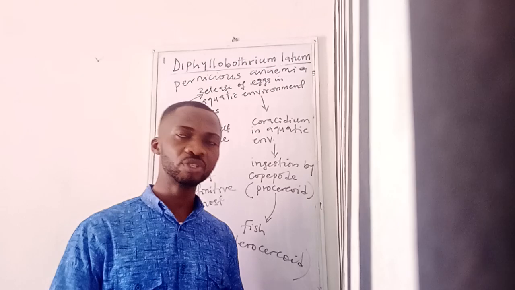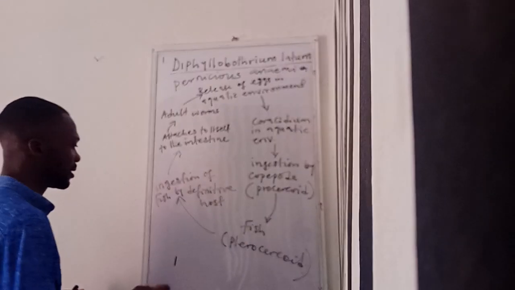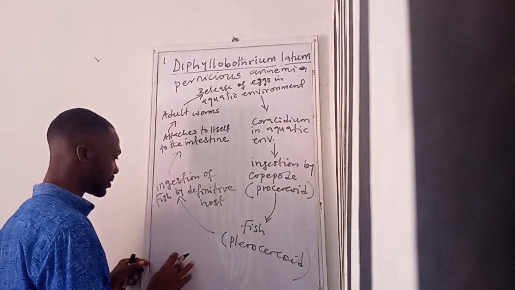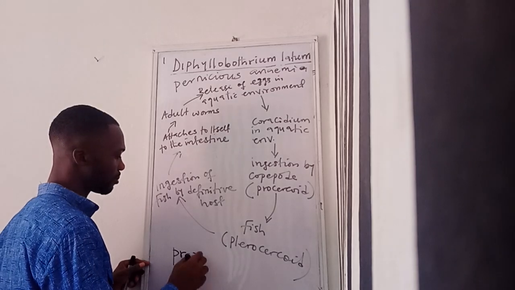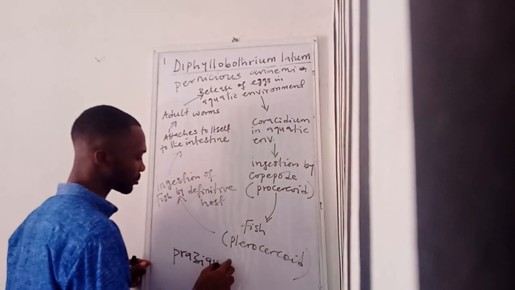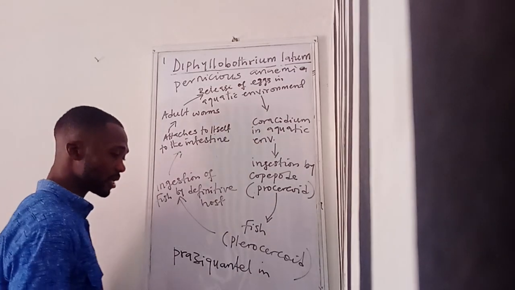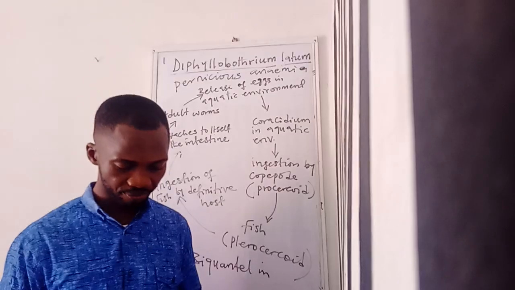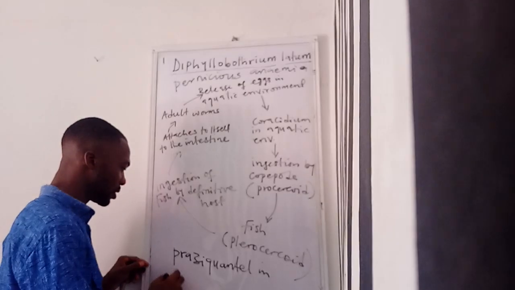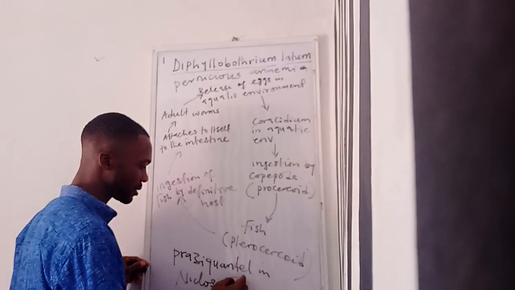Coming to treatment, praziquantel is okay. One can use this drug, praziquantel, in the treatment of the disease. Then some people use an alternative drug, niclosamide.